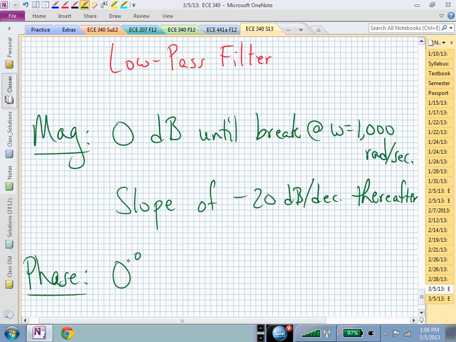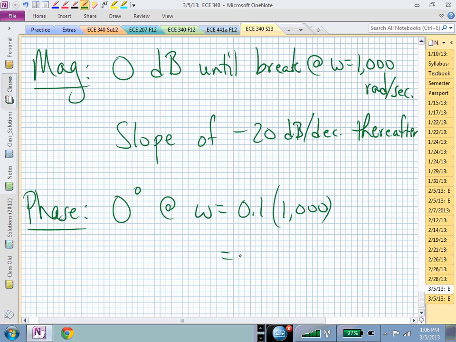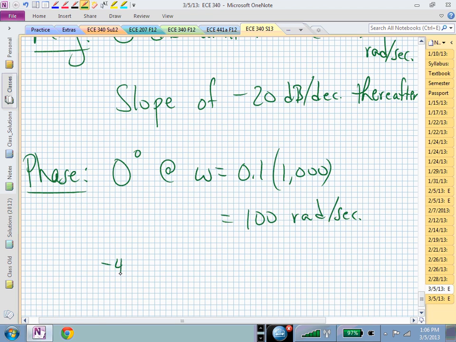Now I just identify the three pieces. It's going to be 0 degrees a decade before the break, which is happening at 100 radians per second. It's going to be at minus 45 right at the break.